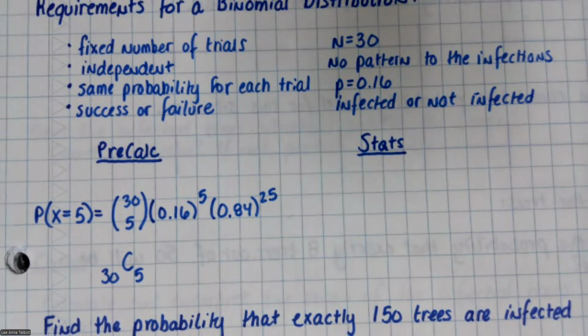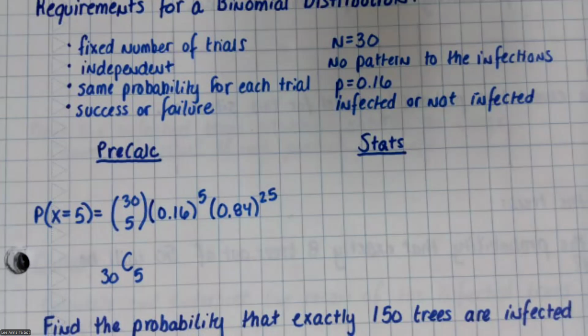So thinking about that tree diagram, you guys remember starting here, it would be 0.16, 0.84, right? 0.16, 0.84, 0.16, 0.84. Follow that all the way out to 30 trees. It would multiply down the branch, and each branch would have 5 yeses and 25 no's.